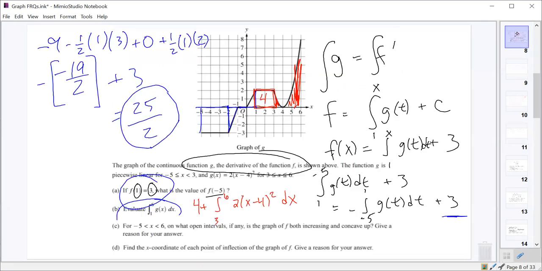All right, we look back here, we don't have a graph of f, we have a graph of g. So really, we're going to want to deal with g. Let me clear this off so we can see this a little bit better. We know that f prime is equal to g, which tells us that f double prime should be equal to g prime.